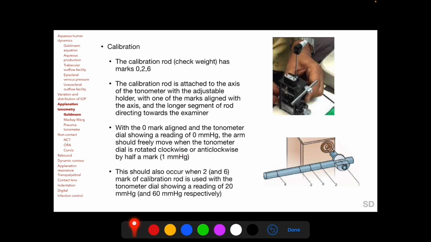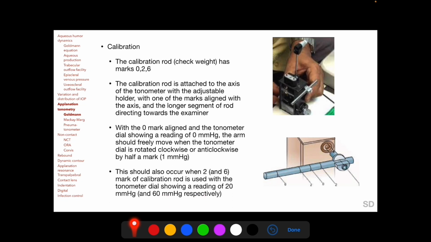And this free rocking movement of the tonometer arm should also occur when the 2 mark and the 6 mark of the calibration rod are aligned with the axis and the dial shows a reading of 20 mm of mercury and 60 mm of mercury respectively.